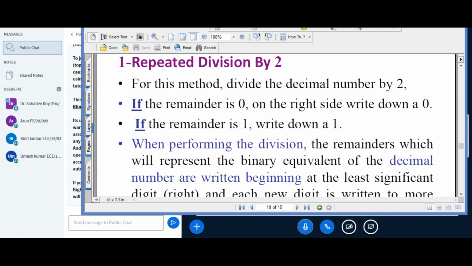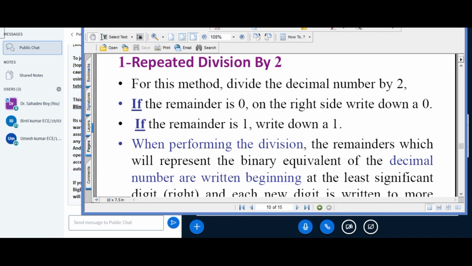If the remainder is 1, then write down 1. When you divide a number by 2, the remainder must be either 0 or 1. There are no other values. Just write down the remainders 0 and 1 as per their appearance.